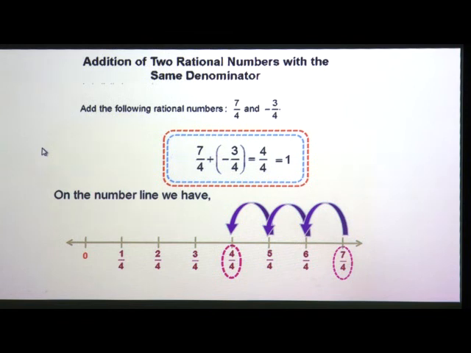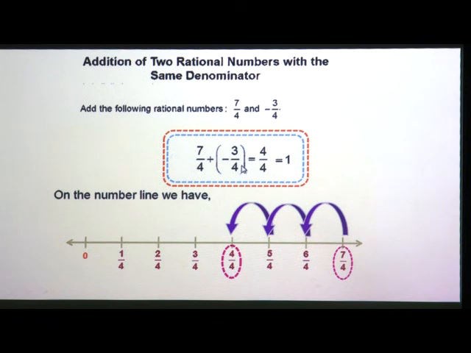Add the following rational numbers, as an example 7 upon 4 and minus 3 upon 4. Addition means you have to write an addition sign. So, it is written as 7 upon 4 plus, inside the bracket, minus 3 upon 4.